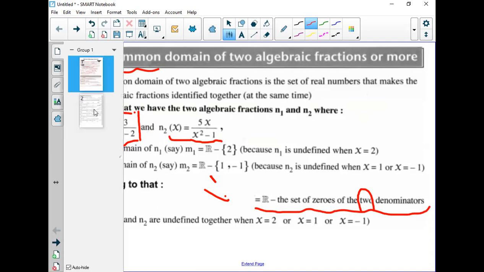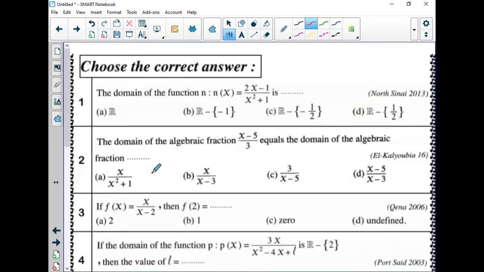To understand, let's take examples. Example number 1: the domain of the function n such that n of x equals x minus 1 over x power 2 plus 1. To get the domain, first of all, we put the denominator equal 0.